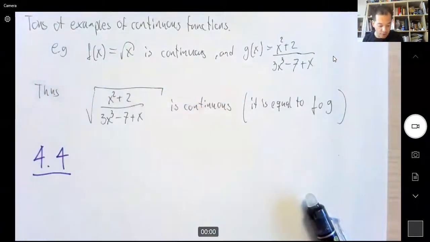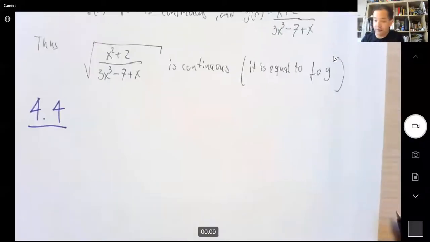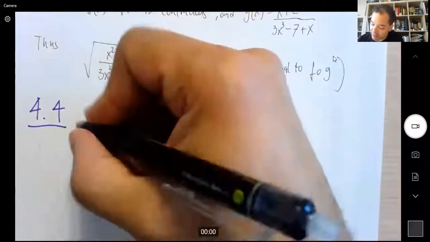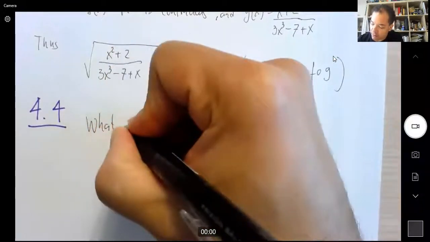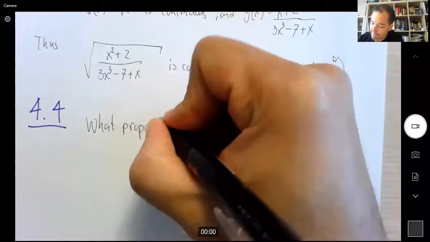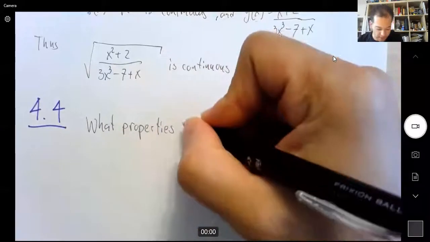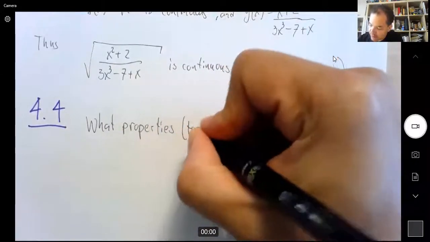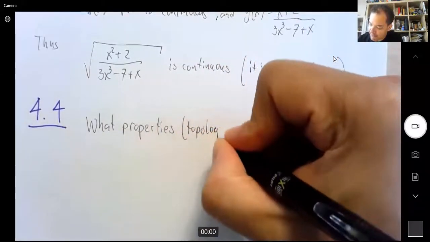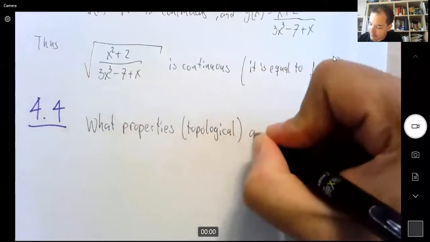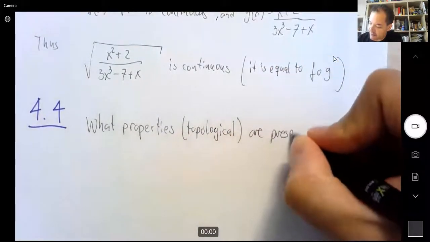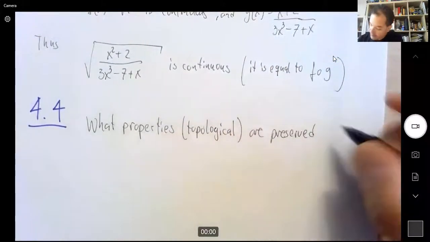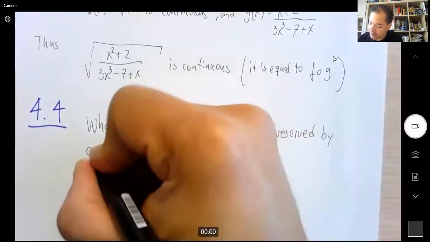And the question here is, we want to know what properties, this is really the question we want to answer. What properties, and by properties I mean topological, are preserved by continuous functions?